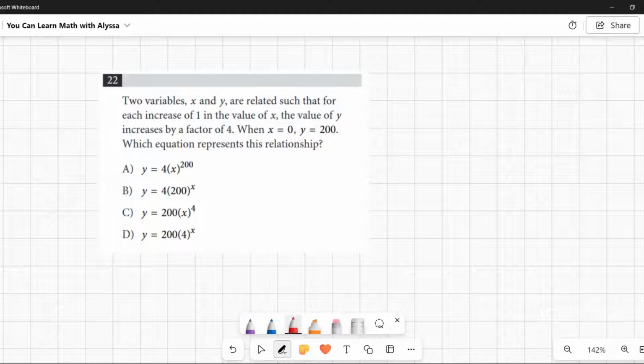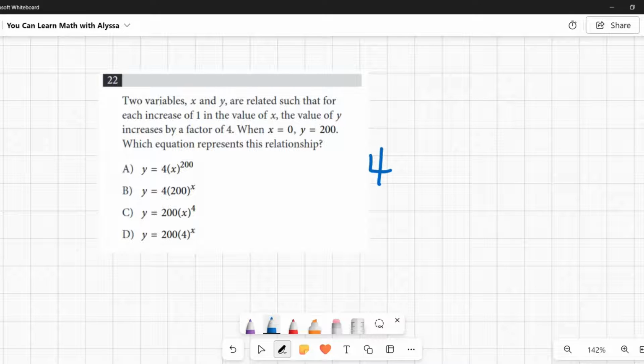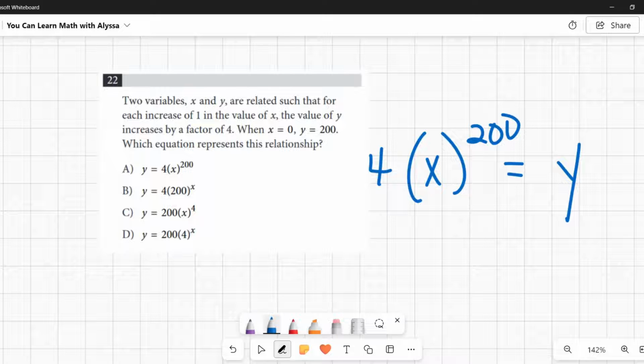Let's start with x equals 0, y equals 200. We have our equations. First one, 4 times x to the power of 200, and that equals y. So, okay, when x is 0, y is 200. Is that true? What happens if I put 0 in there? 0 to the power of 200 is 0. 4 times 0 is 0.